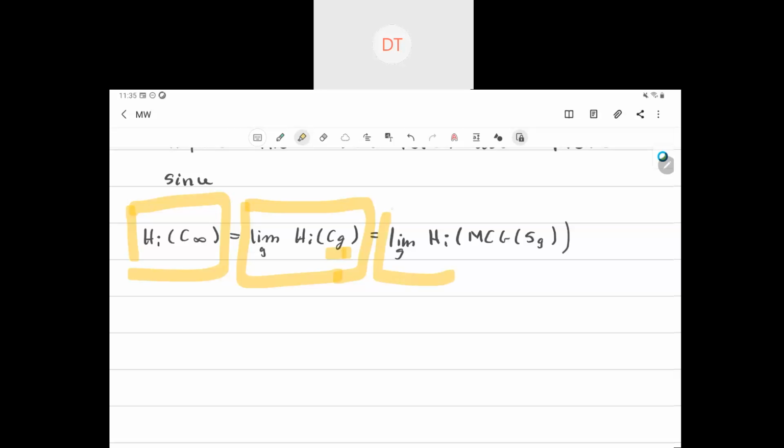So this is the homology of the mapping class group of S G, and if we start with an S in general, a closed orientable surface, then we have a homeomorphism to an S G. So if we want to find the homology of the mapping class group of S, we can just do it on S G, and that's exactly what this allows me to compute.